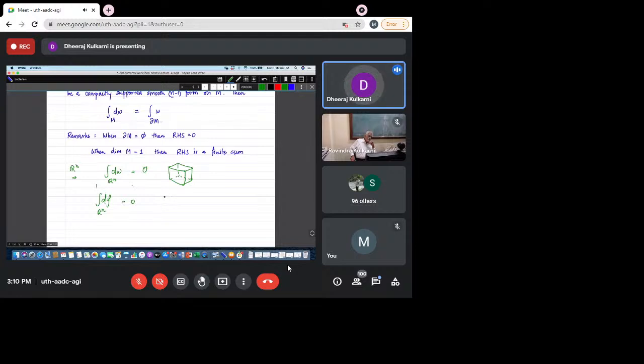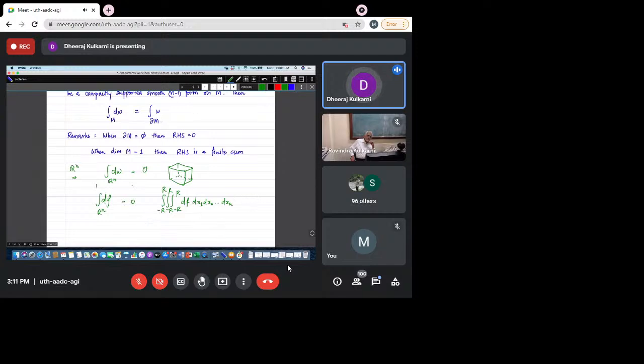So this integral, in your usual sense, will be from minus R to R, minus R to R, of df dx1 dx2 up to dxn.